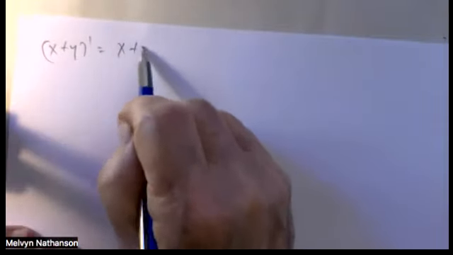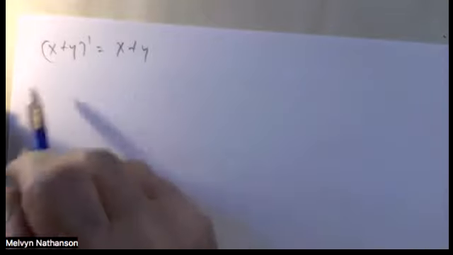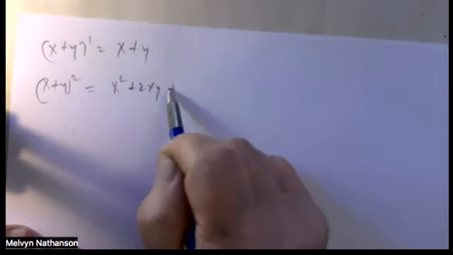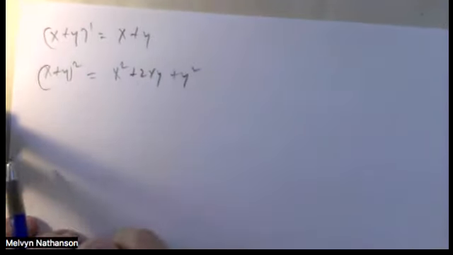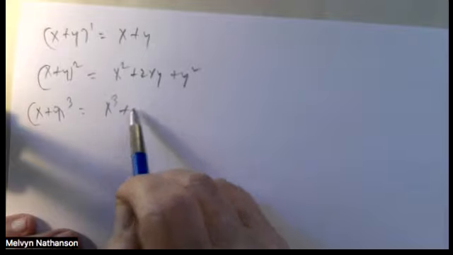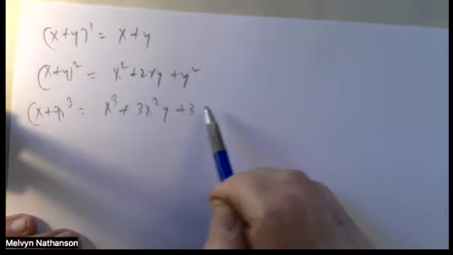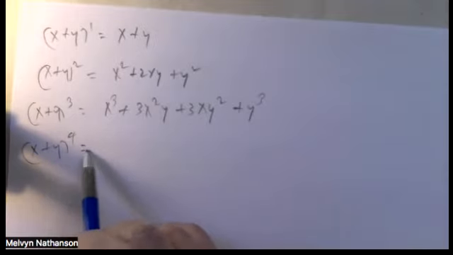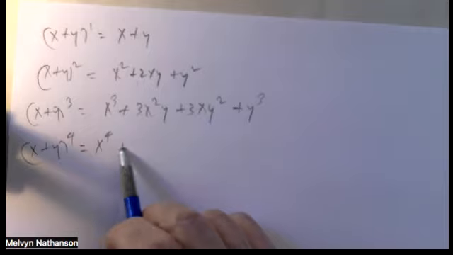And the binomial theorem tells us how to expand x plus y to a power. So x plus y to the first power is x plus y. x plus y squared is x squared plus 2xy plus y squared. x plus y cubed is x cubed plus 3x squared y plus 3xy squared plus y cubed. x plus y to the fourth is x to the fourth, and so on.